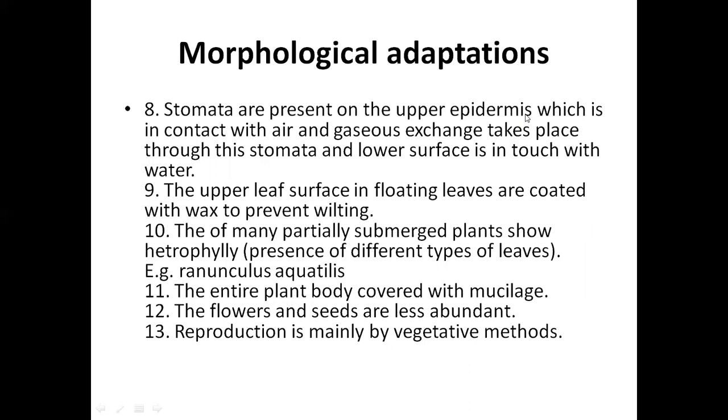As we discussed earlier, it is called the epistomatic condition, which is in contact with air, and the gaseous exchange takes place as they are located on the upper surface of the leaf. And the upper leaf surface in floating leaves is coated with wax to prevent wilting. So in case of Nymphaea and Nelumbo, where we find the free floating leaves, they are coated thickly with wax to prevent the wilting of the leaves.